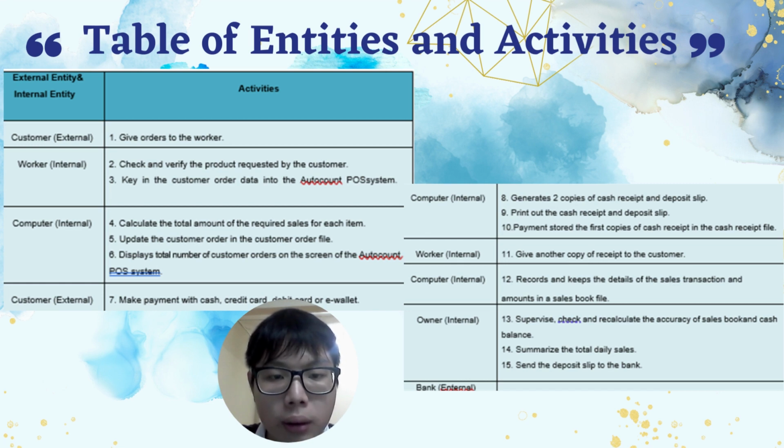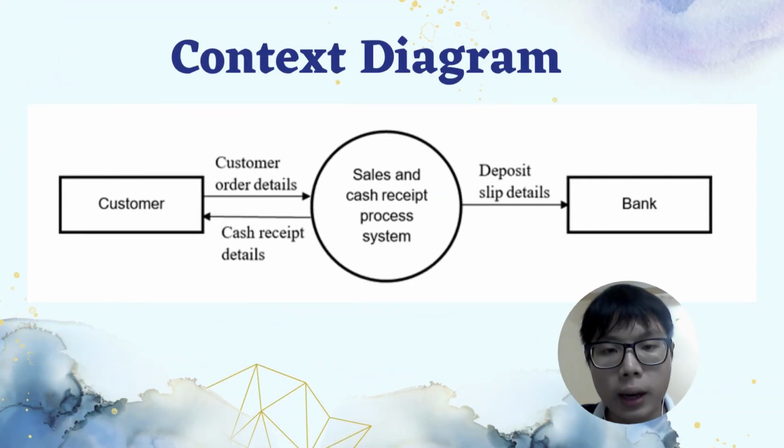The owner then summarizes the total daily sales and sends the deposit slip to the bank. This is the context diagram. Based on the context diagram, the starting point of the external entity is the customer.